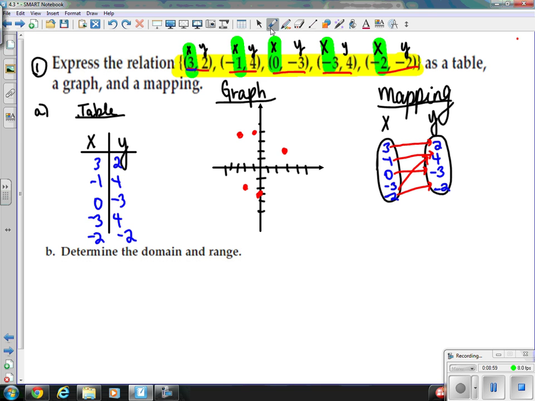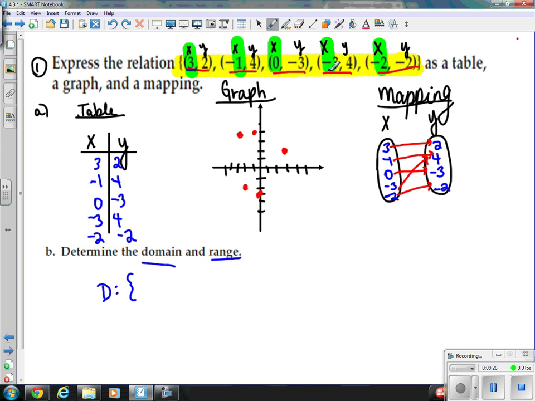Now part B wants me to state the domain and range for this relation. So remember, domain is all of our x values. So I'm going to look at my domain and then make a brace for it so I know this is the whole set of domains. And remember, we want to write domain in order from least to greatest. So we're going to look at our x values and say, what's our lowest one?